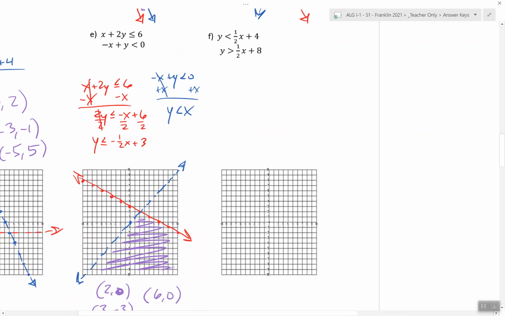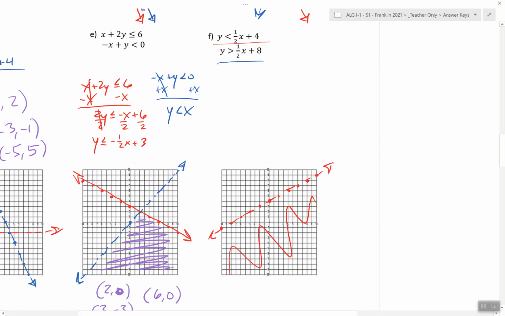Last one here. These are already in slope-intercept form, that's nice. So 1/2 x plus 4, we're going to go up 4, up 1 over 2, or down 1, left 2, and it gets a dotted line, and shaded below, less than.